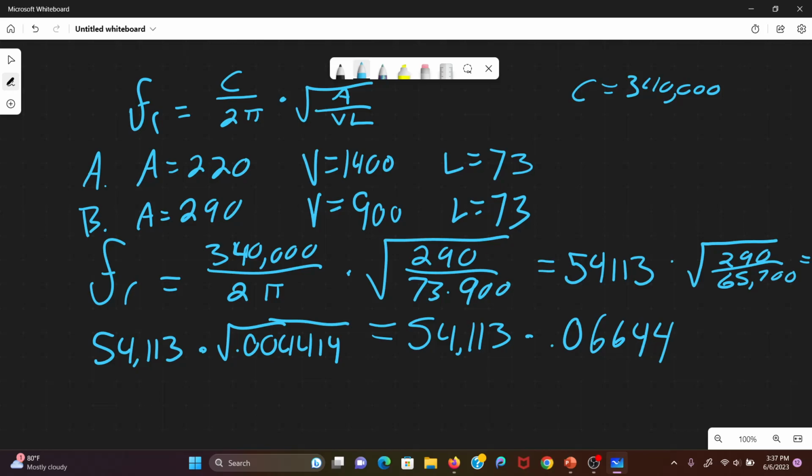And if you do that math, 0.06644 times 54,113, you get 3,595.16. Again, just like with the one before, this has a range of acceptable values based on rounding, but if you were close to this, you got points.